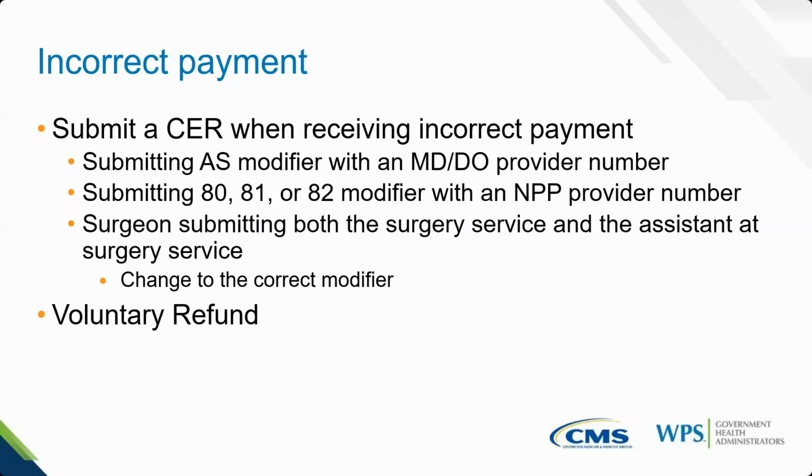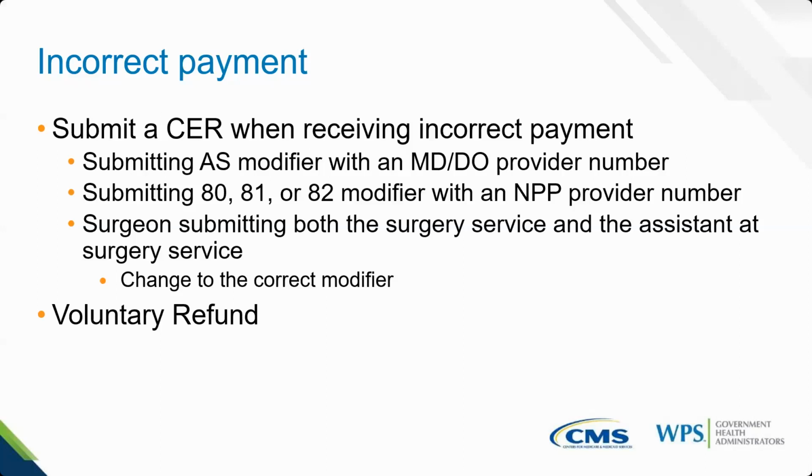And as a matter of fact, if you have received a payment on that, then you have received too much money from Medicare. So we would ask that you refund that difference back to us. You can do that through that clerical error reopening. And as you're doing that, then you would be changing the modifier that appears on the claim.